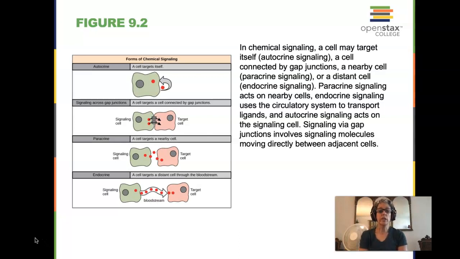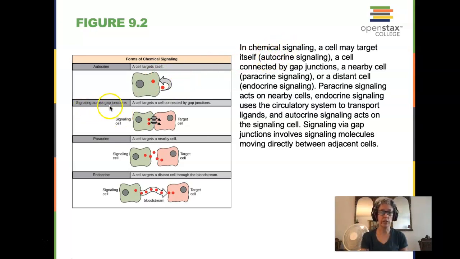Different types of signaling that can occur, in terms of very broad categories, are autocrine, so self-signaling. This cell has secreted this molecule, and that molecule signals back to the cell that secreted it.